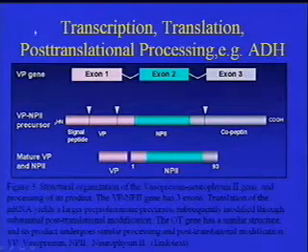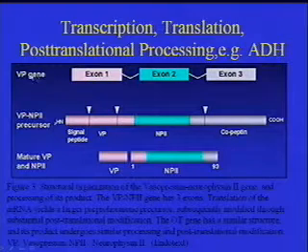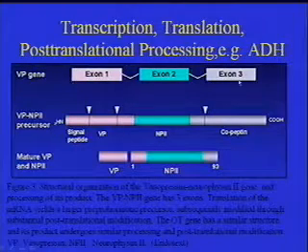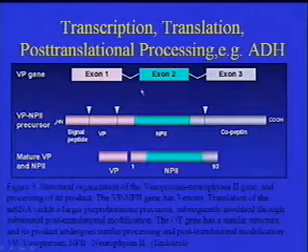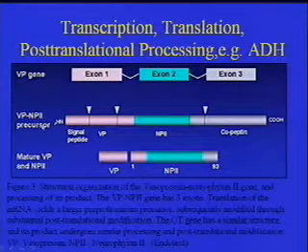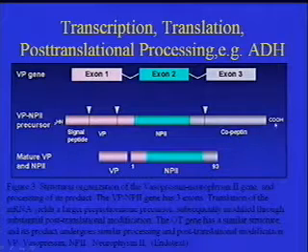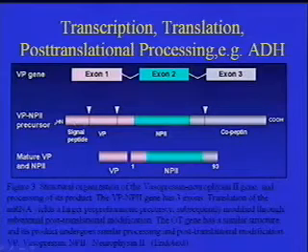So now we're thinking about transcription, translation, and post-translational processing, and we can use antidiuretic hormone or vasopressin as the example. I like this illustration because it reminds us of the gene having exons and introns. So the vasopressin gene has 3 exons, and we see those exons represented in the pre-pro hormone, the vasopressin neurophysin 2 precursor, the amino terminal on the left, carboxy terminal on the right, and we see all these different parts along the way.